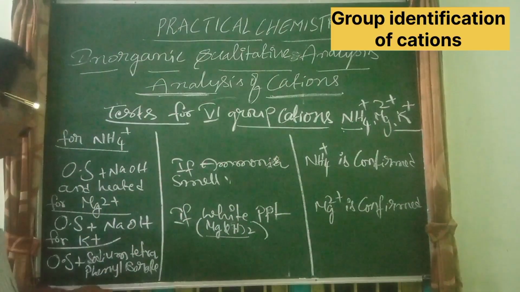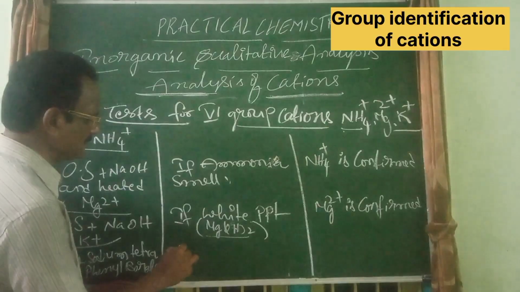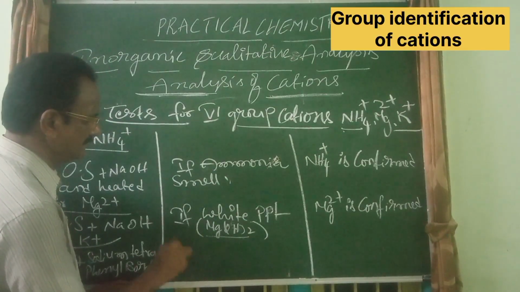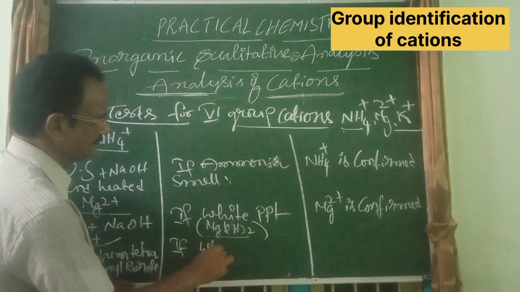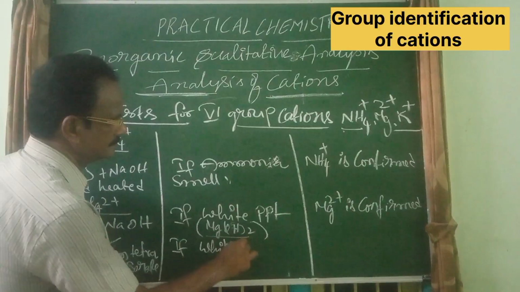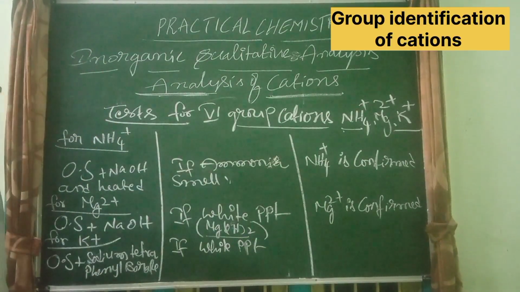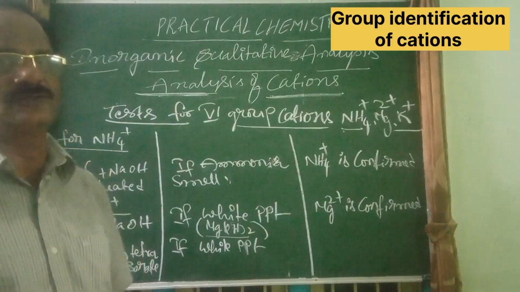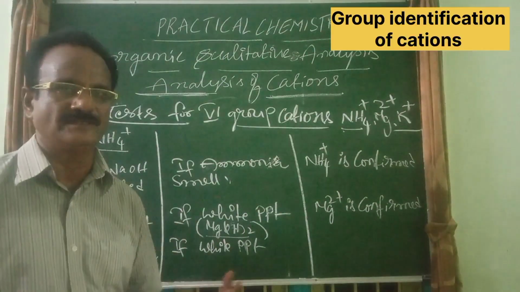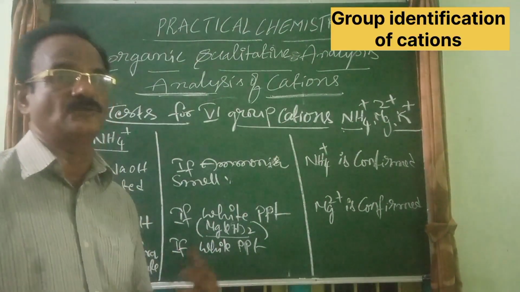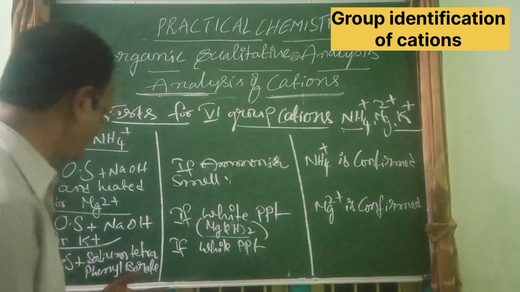Okay. See here, a white precipitate formed. If white precipitate formed, what is that white precipitate? Potassium tetraphenyl borate. Potassium will replace sodium. Okay. Then what is there?